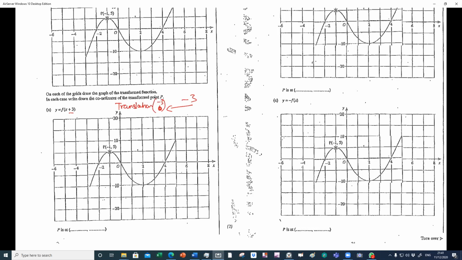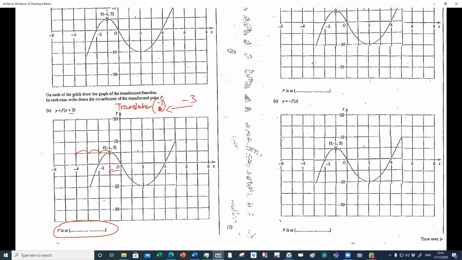Yes. Okay, lovely. So they really only want us to do P. So we go 1, 2, and 3, because each value is 1. So the point (minus 1, 5) goes to what? Going back by 3, it will become minus 4.